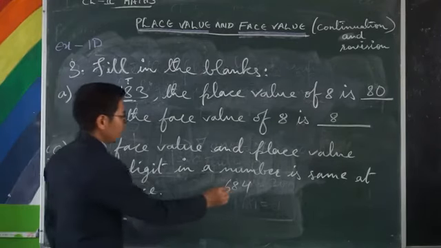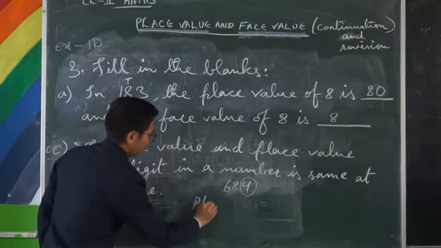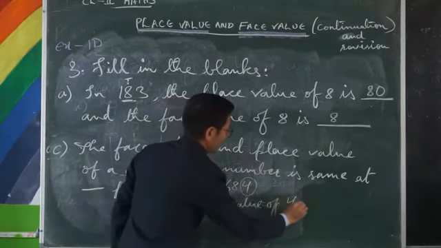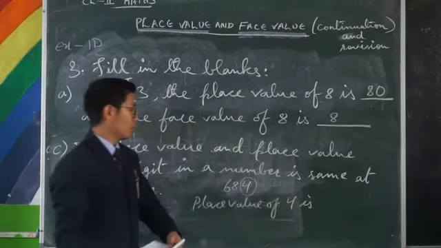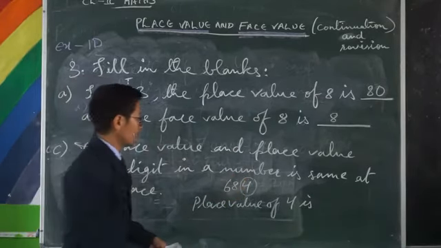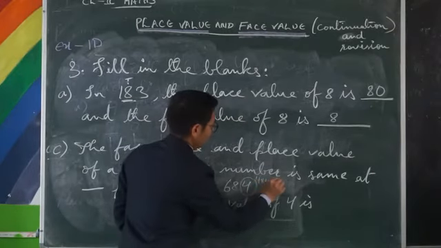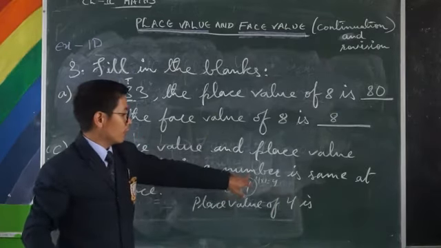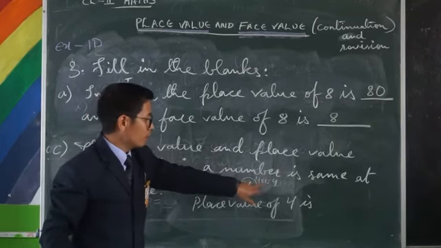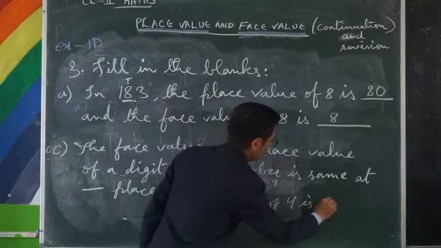If you are asked to find the place value of 4, it is in ones position. So 4 into 1, which will be 4. 4 is in ones position, that's why we multiply with 1, and we get 4. So the place value of 4 is 4.